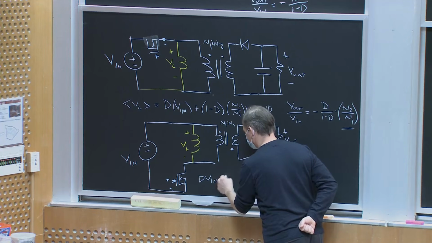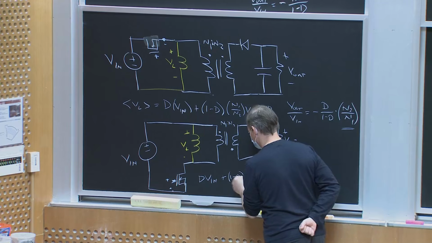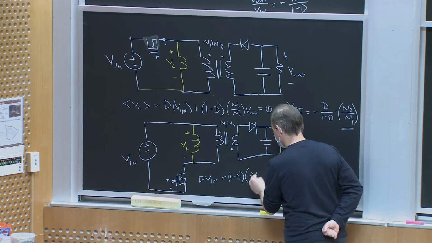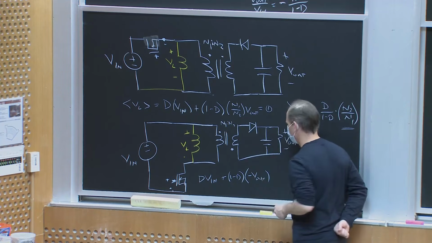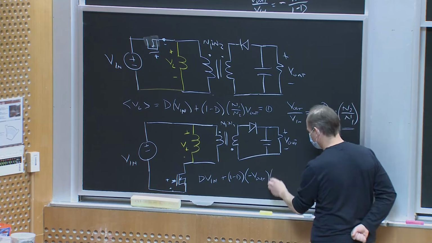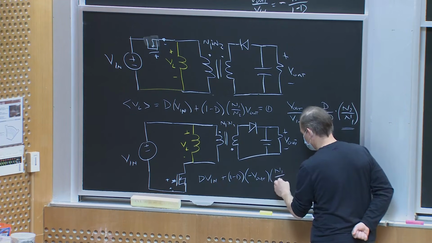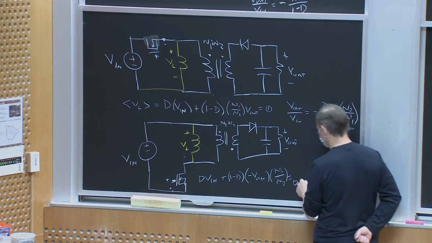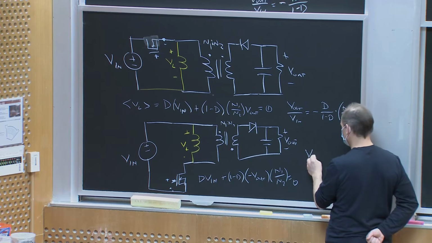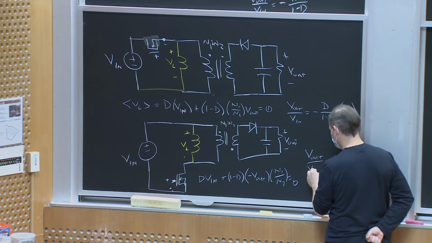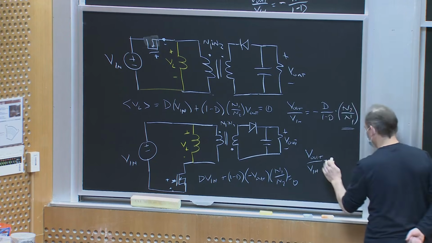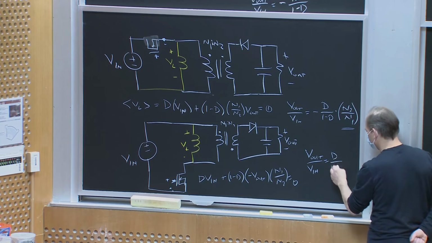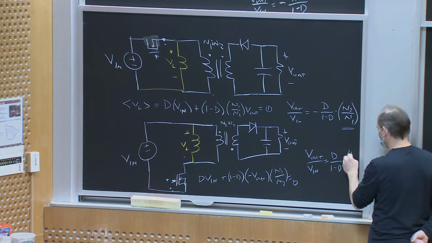So I get D V in plus (1 minus D) times minus V out times N1 over N2 equals 0. And this just gives me V out over V in is equal to D over 1 minus D times N2 over N1.